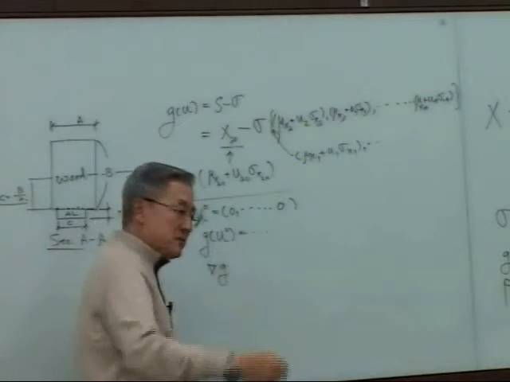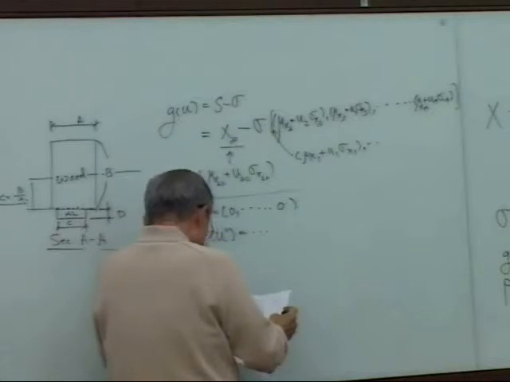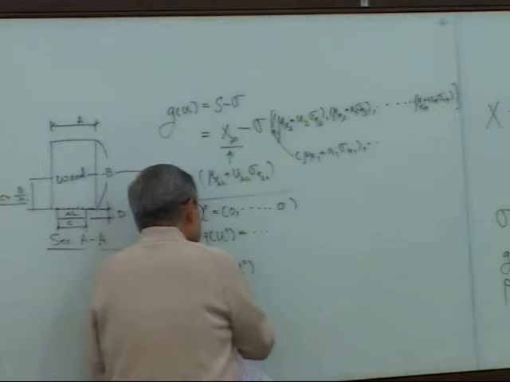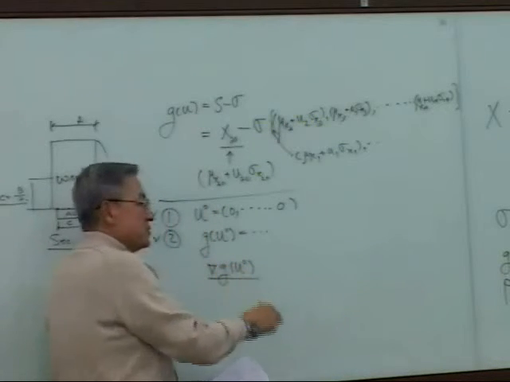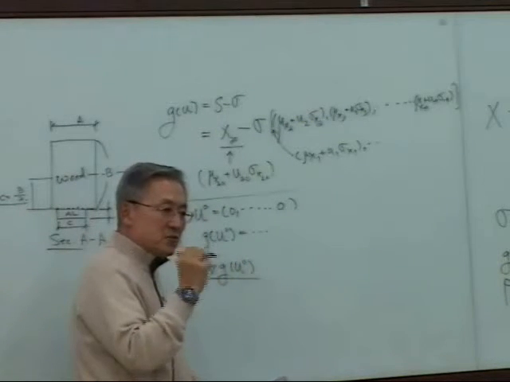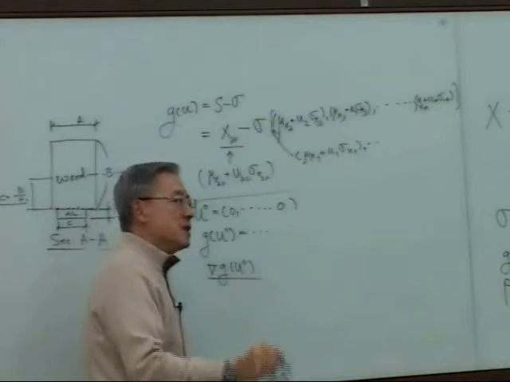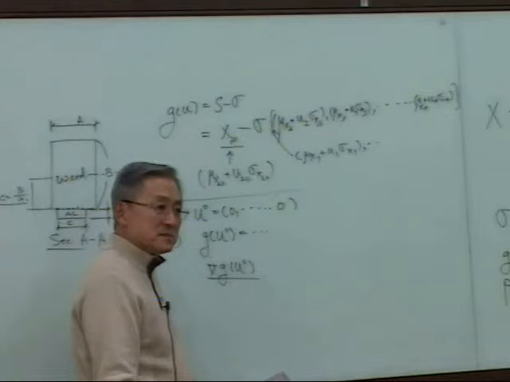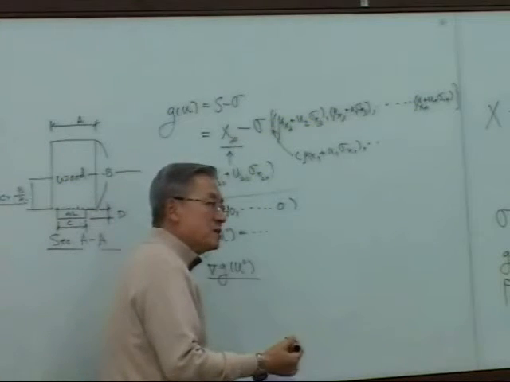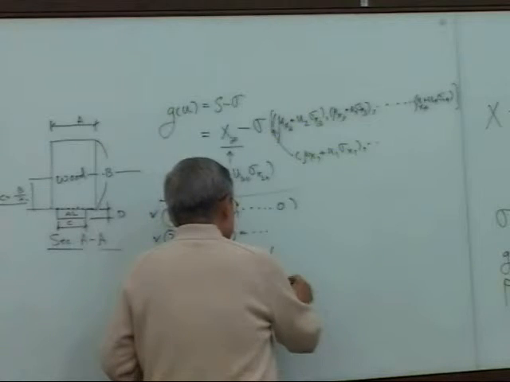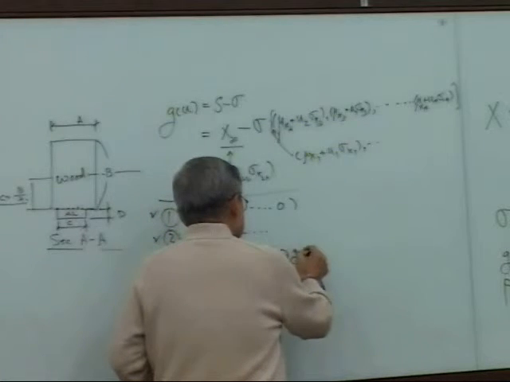Every iteration you have to go through, but you have to get the gradient evaluated. To simplify, this means the gradient evaluated at u0.